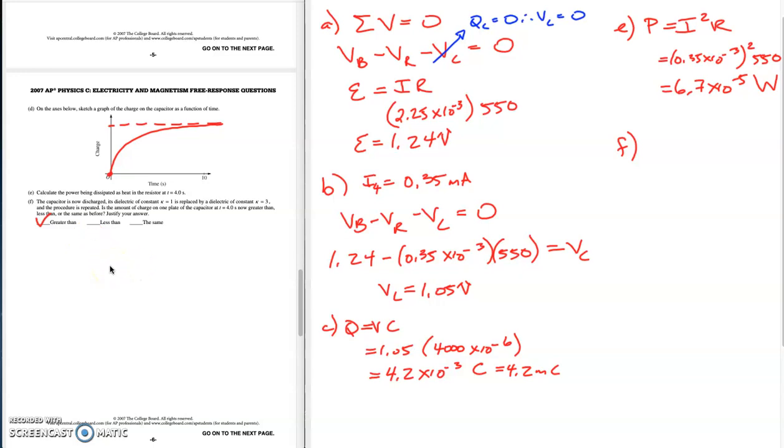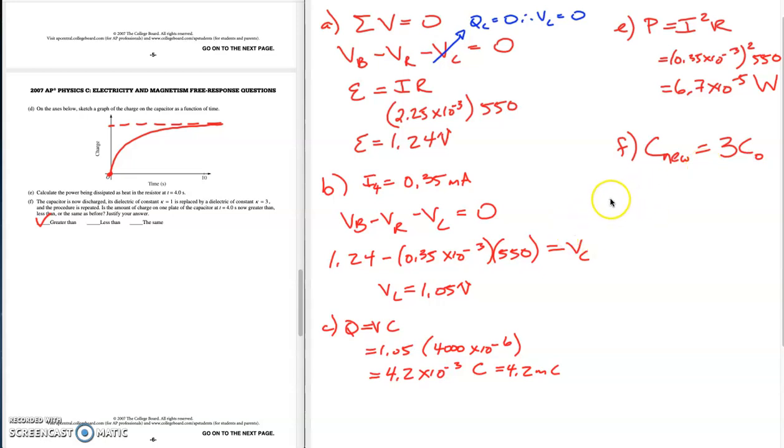And we can use our rules for capacitors. So for a parallel plate capacitor, C new equals, let's see, they said kappa is 3, so it's going to be 3 times C of the original.